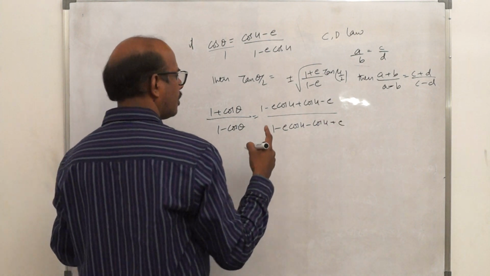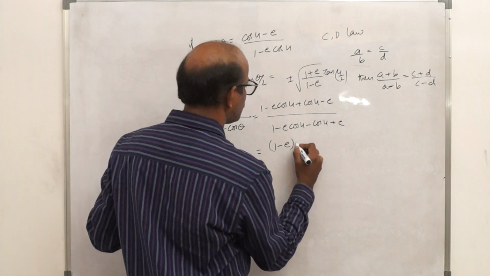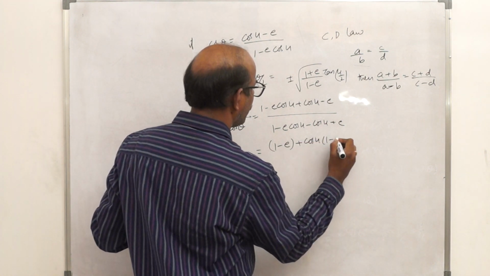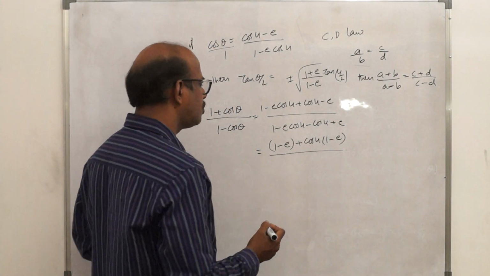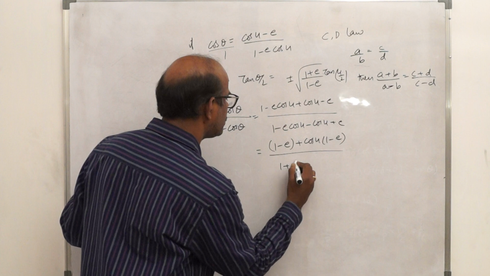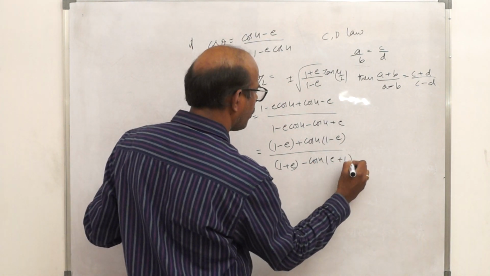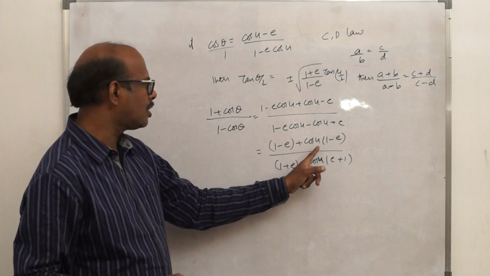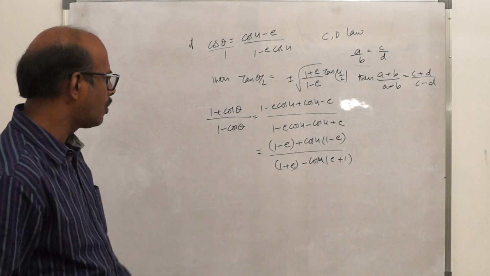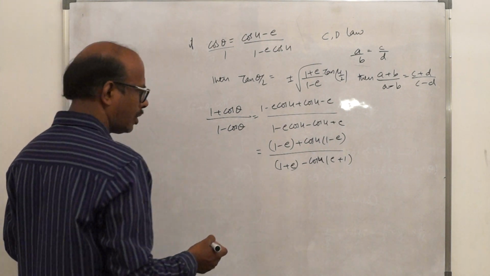Now simplification. Here 1 minus e as it is, if I take cos u as common, it will be (1 − e) and cos u (1 − e). Here also 1 plus e, and taking minus cos u common, it will be minus cos u and minus e.